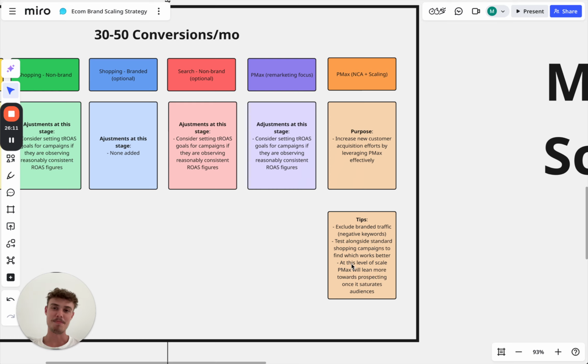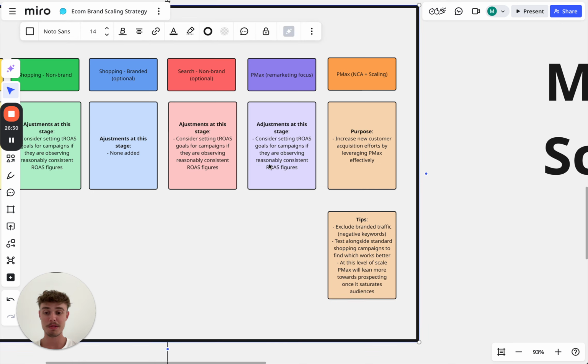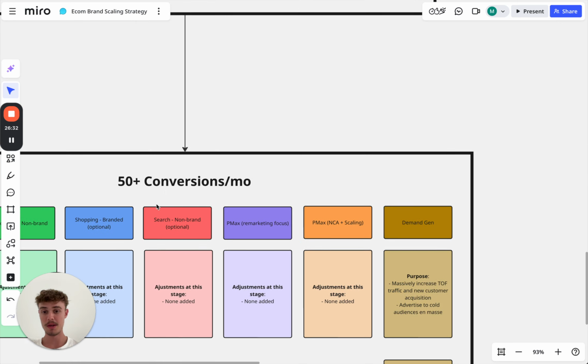So I definitely recommend using a third-party attribution tool once you reach this stage. But all that being said, you can absolutely use PMAX for new customer acquisition. And at this level of scale, PMAX will lean more towards prospecting because it's saturated a lot of its remarketing audiences, and that's why it becomes effective at this level of the account.